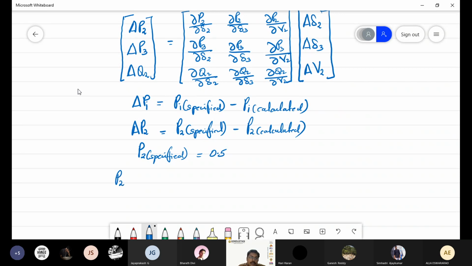How to find? Let us see P2 calculated. We are going to apply the formula. For the generalized formula I am going to apply first so that you know that.